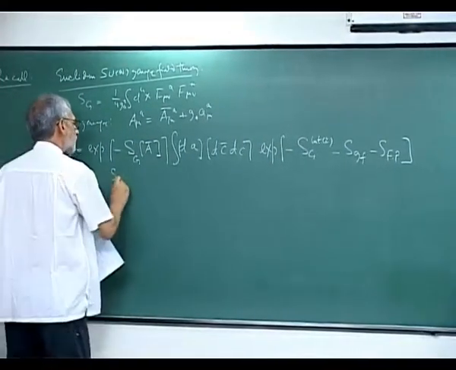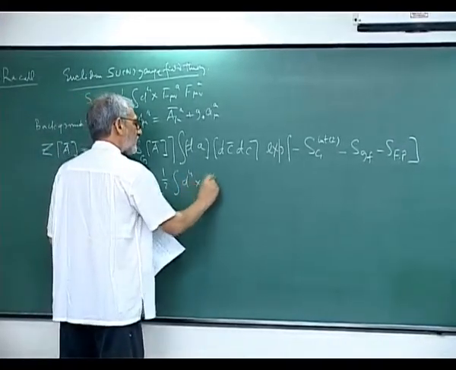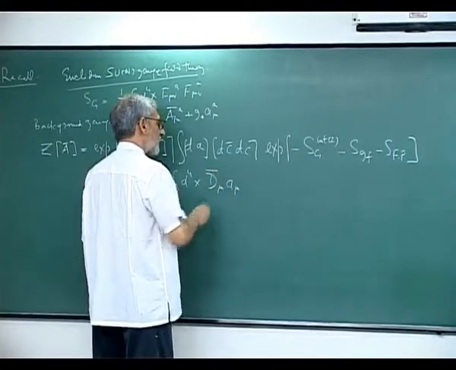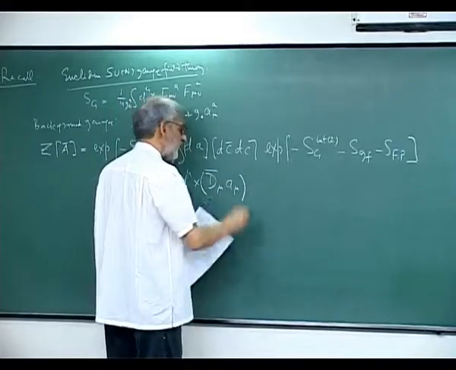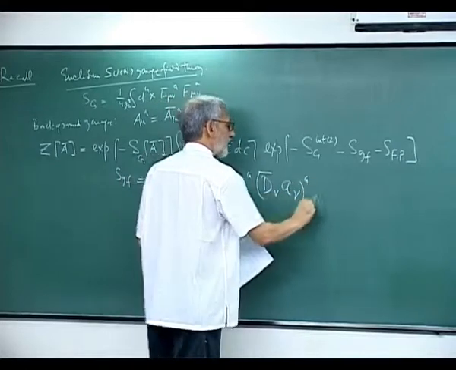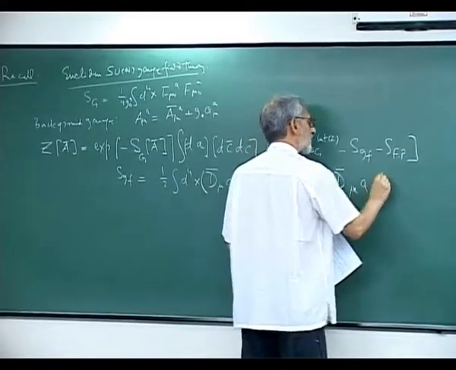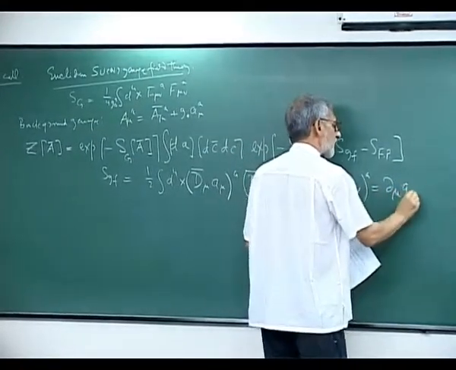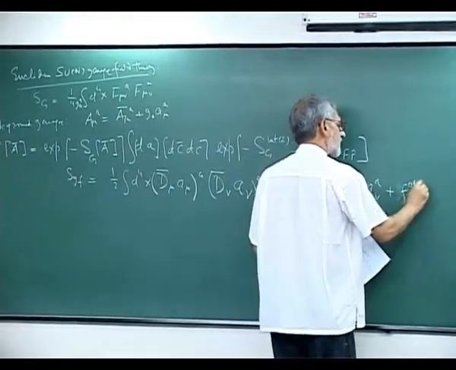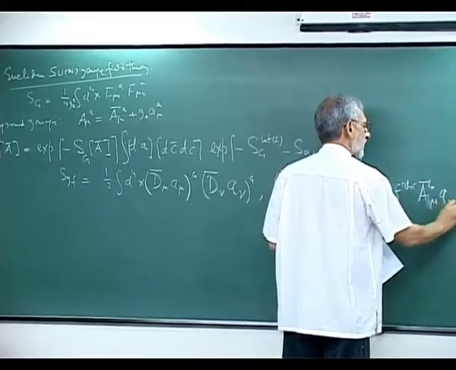And the gauge fixing action we chose to be half ∫d⁴x of the covariant derivative in the background, D̄_μ a_μ^a, squared, where the covariant derivative D̄_μ of a_ν^a was ∂_μ a_ν^a plus f^abc Ā_μ^b a_ν^c.